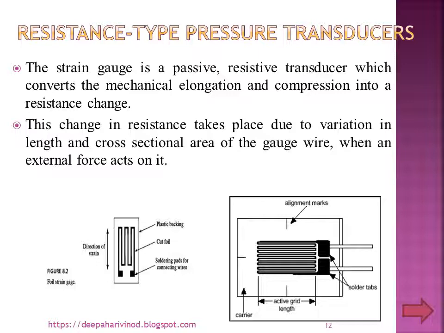This change in resistance takes place due to the variation in the length and cross-sectional area of the gauge wire when an external force acts on it. Here we can see the foil strain gauge. It consists of a plastic backing, cut foil, soldering pads for the connecting wires, and direction of strain.